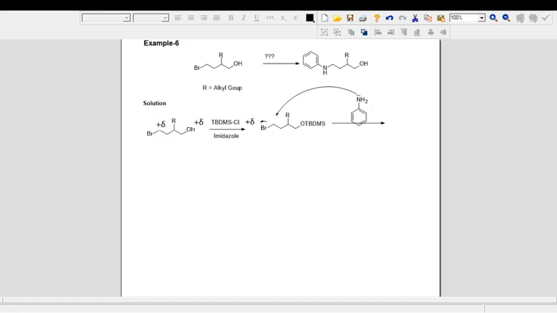This is basically the electron deficient carbon atom here, I'm showing you. Yes. So with the removal of bromide, we are getting our desired fragment of molecule being incorporated.